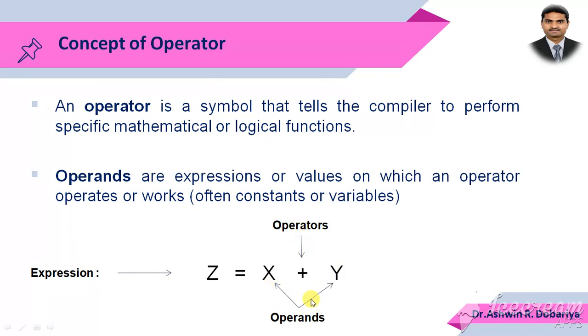Operands are the variables on which the operator performs its task. If I mention division, the slash, it is an operator, and x and y, on which you want to perform the division operation, are both operands.